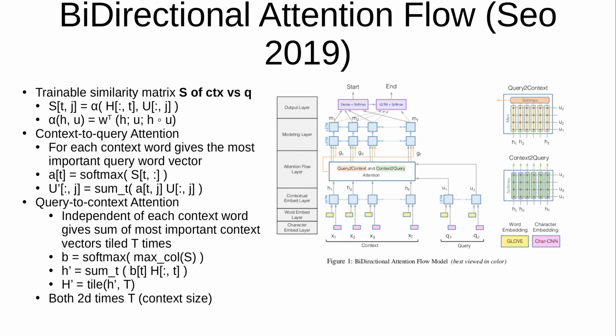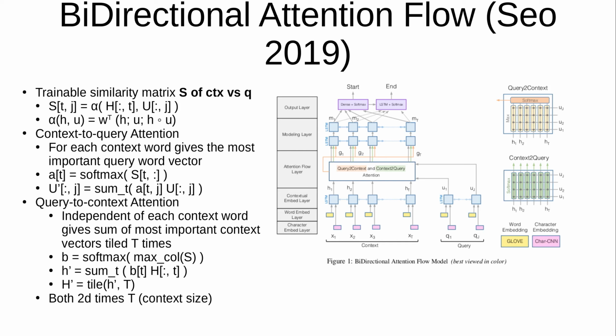So the query-to-context attention, which is the second part, gives you the most important context vectors, and it is tiled in this matrix T times.